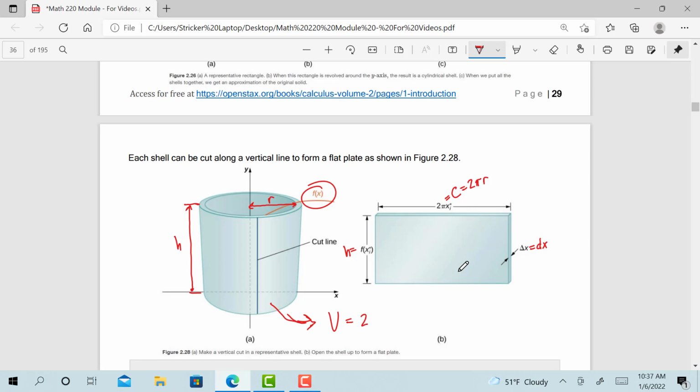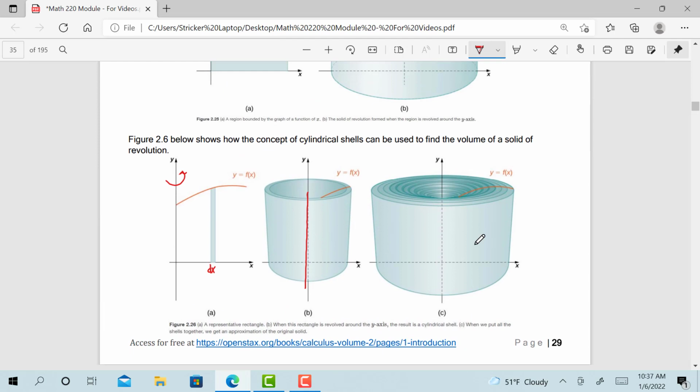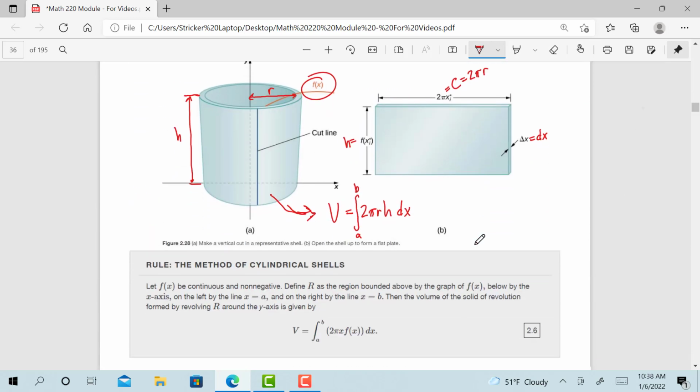So we have 2 pi r times h times dx. And then if we were to integrate it from a to b, going from a to b on the x-axis, that's our volume.